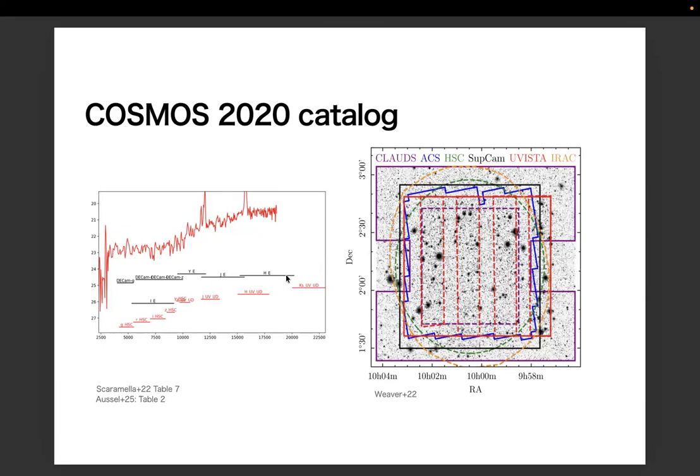This black line shows the Euclid Q1 depth, while this red shows the COSMOS depth. It's so deep, so you can find little red dots in the deeper range. And this COSMOS field is kind of similar to Roman, Euclid, or LSST depth. So this is why we could start on it.